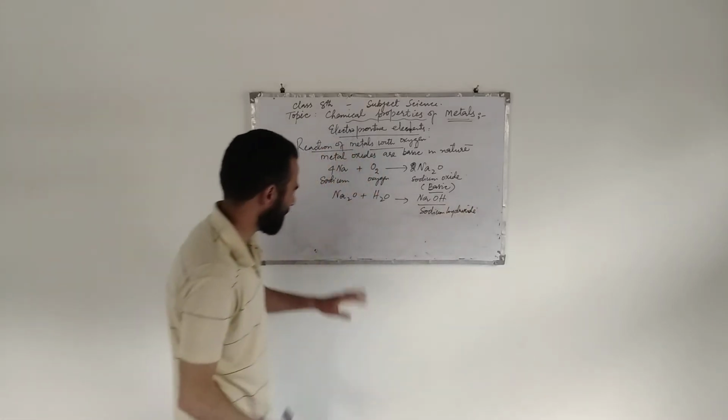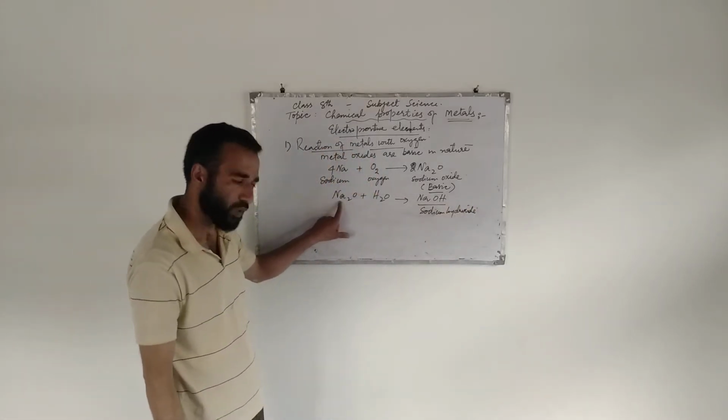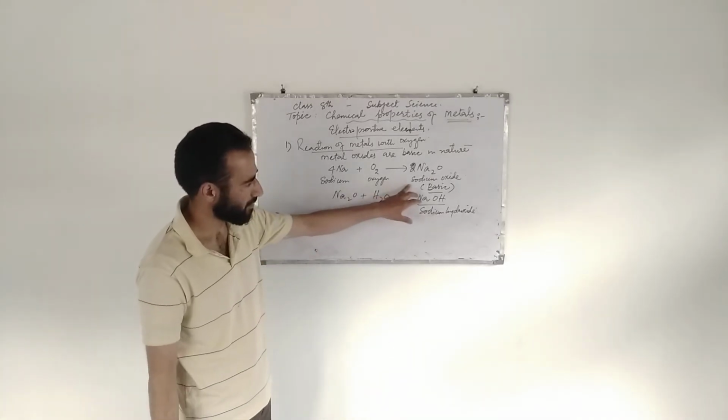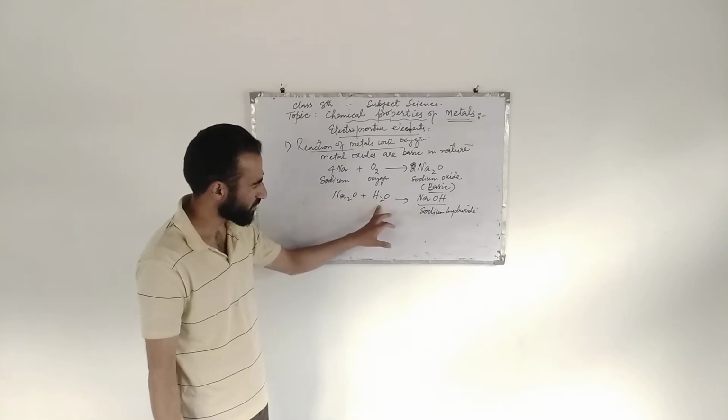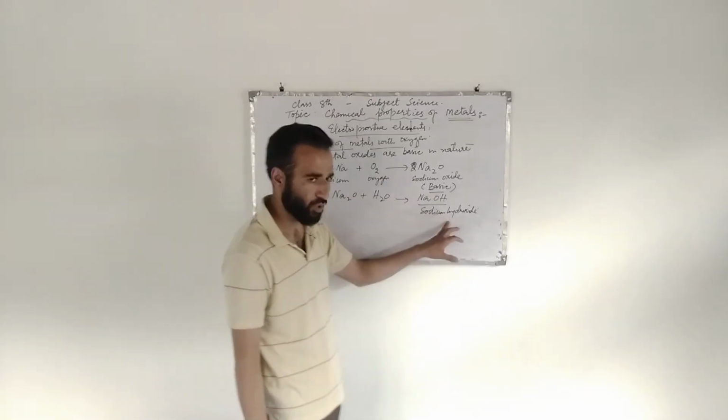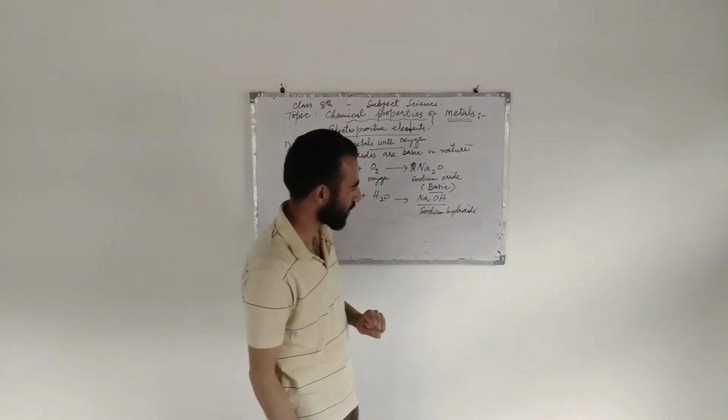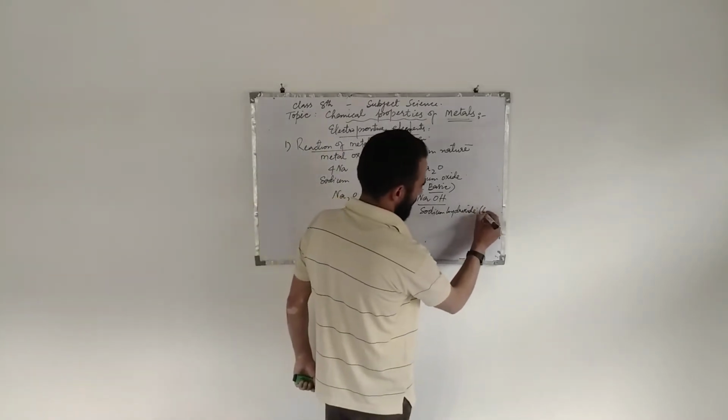I will repeat again. If we take this sodium oxide, which is basic in nature, and combine it with water, it forms sodium hydroxide, and the sodium hydroxide is an alkali.